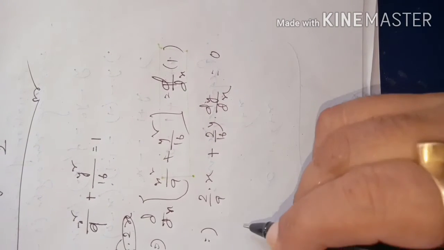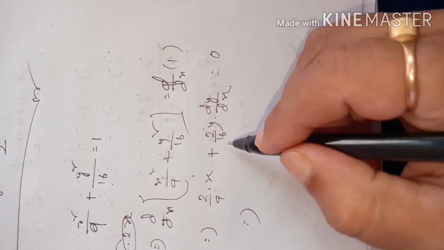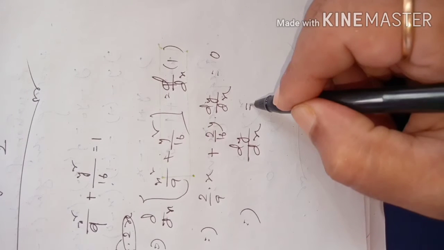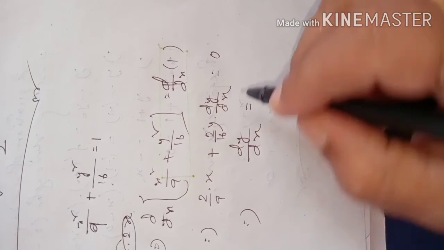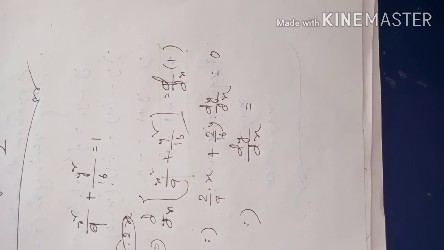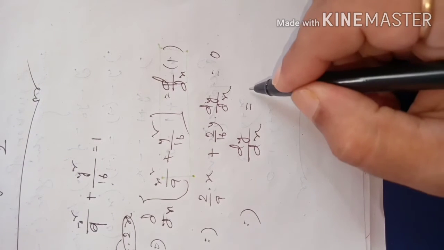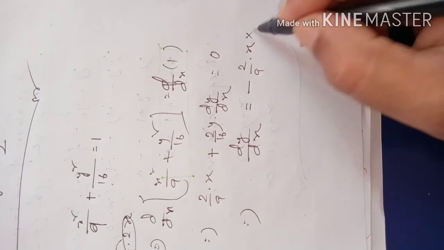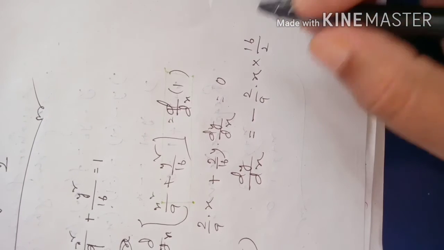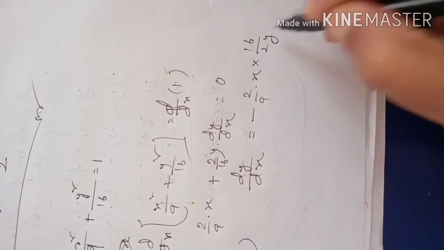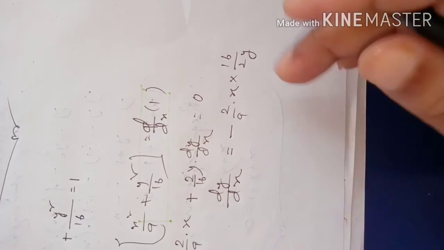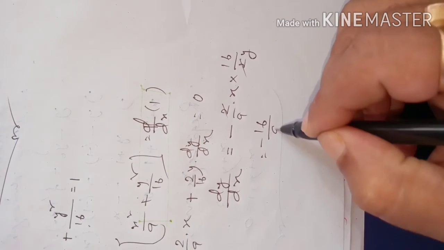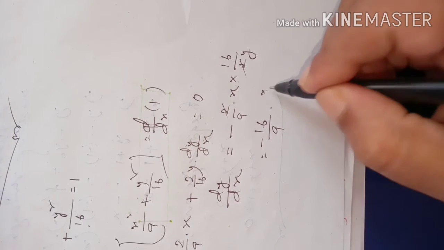So we get dy by dx is equal to minus 2 by 9 into x, and the 16 by 2y goes down. The 2 cancels, so it will be minus 16 by 9 into x by y.